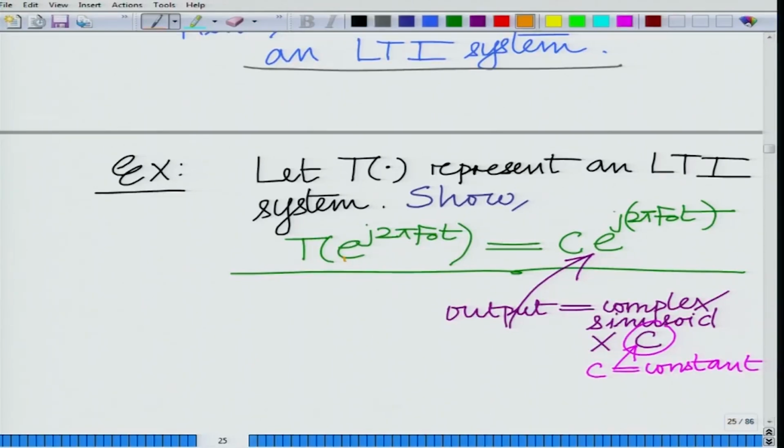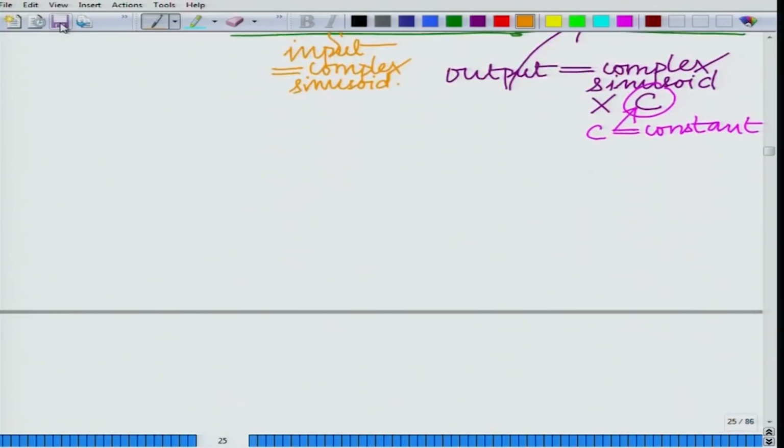If the input is a complex sinusoid, then the output is also a complex sinusoid scaled by c. This can be shown as follows.